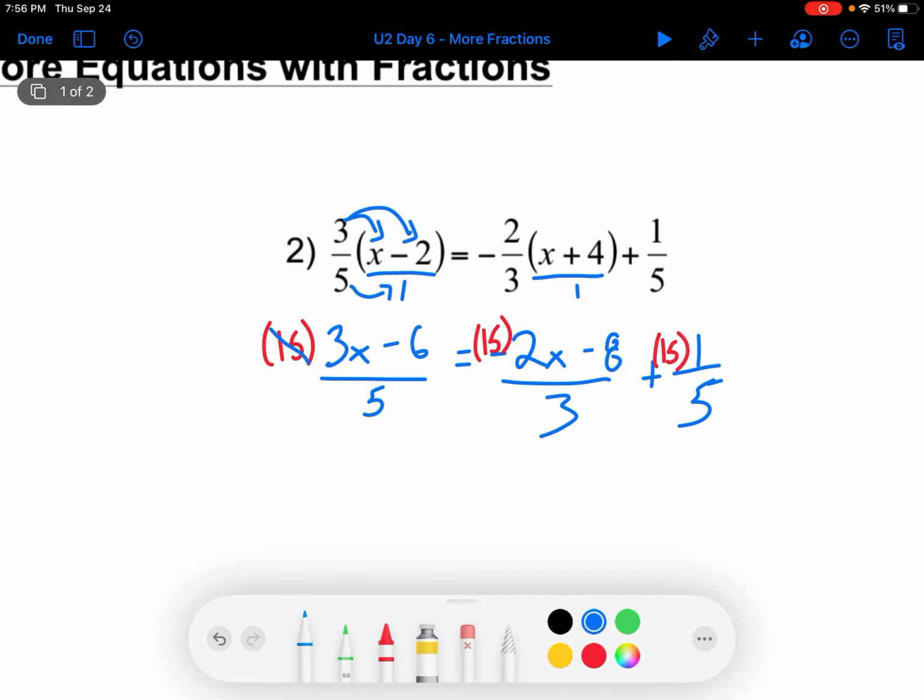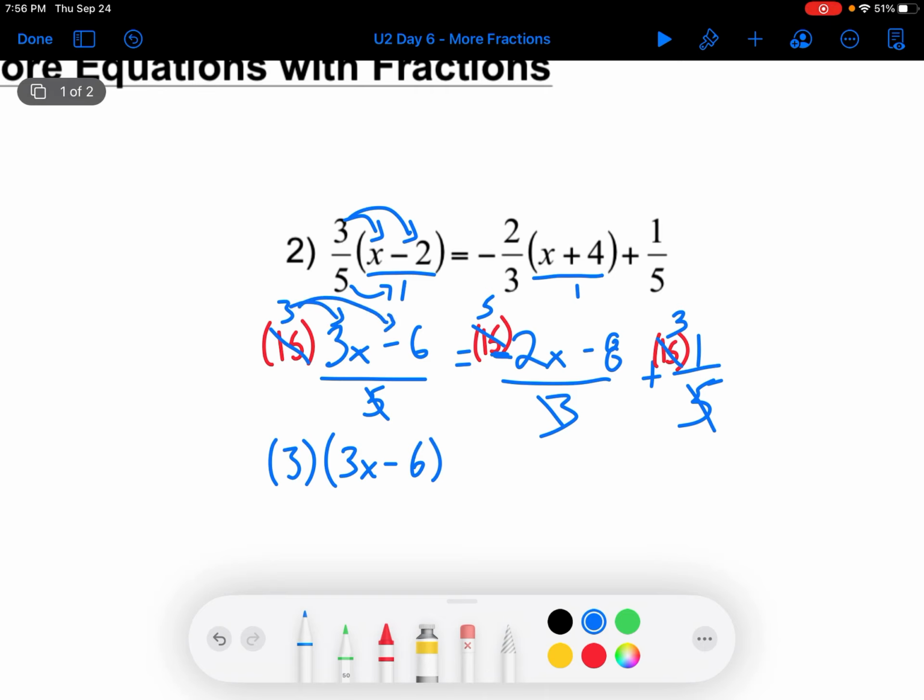Well, we can divide this one and this. We'll get 3. Divide this and this, and we get 5. Divide this and this, and we get 3 again. So what we're left with, and remember that's a negative 2 there, is 3, and I'm again writing this out, times 3x minus 6. This would multiply here and here.